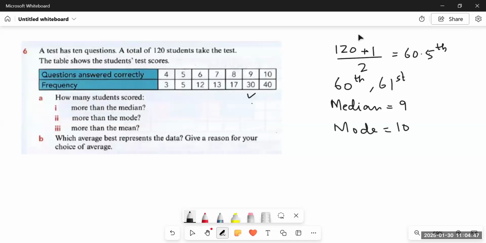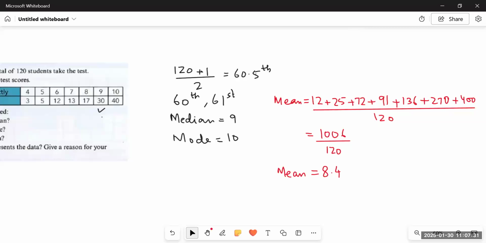And when we talk about mean, what we have to do is multiply all the frequencies with their values, then sum up and divide by 120. So let's see what the mean is. At first, we simply multiplied all the frequencies with their corresponding values, like 3 multiplied by 4 is 12, 5 5s are 25, 12 6s are 72, 13 7s are 91, 17 8s are 136, 30 9s are 270, 40 10s are 400.